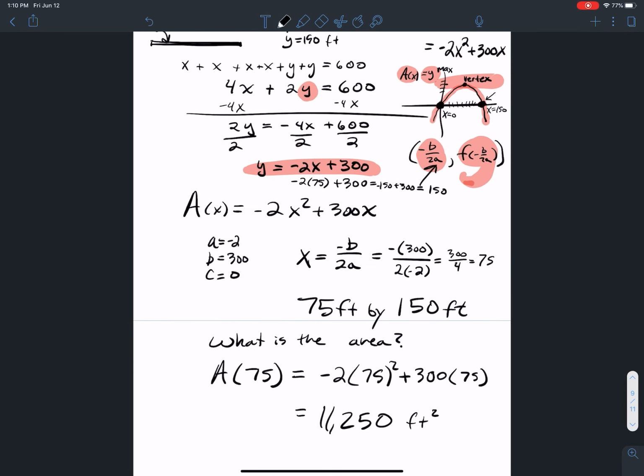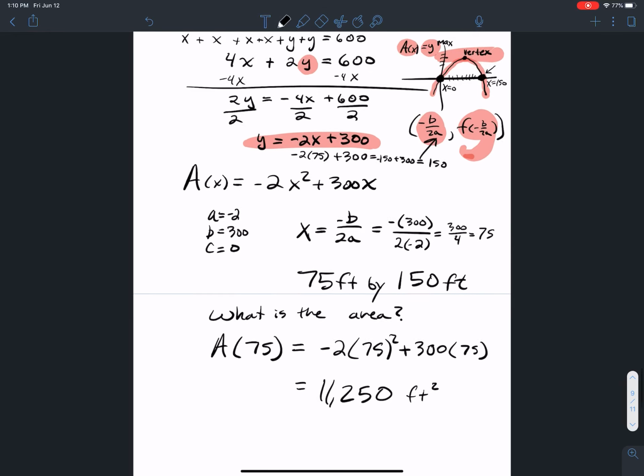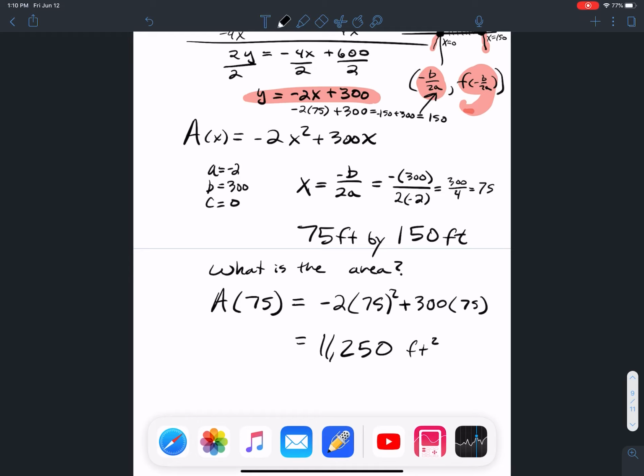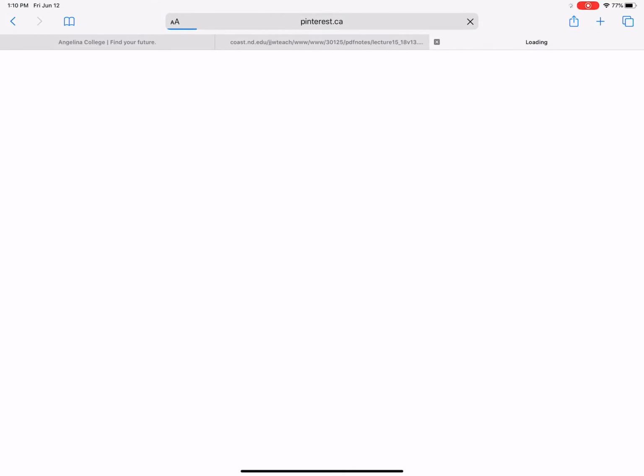People don't really talk in that type of unit, so you could do acres. I'm not exactly sure what the acreage conversion is, but we could try it out.